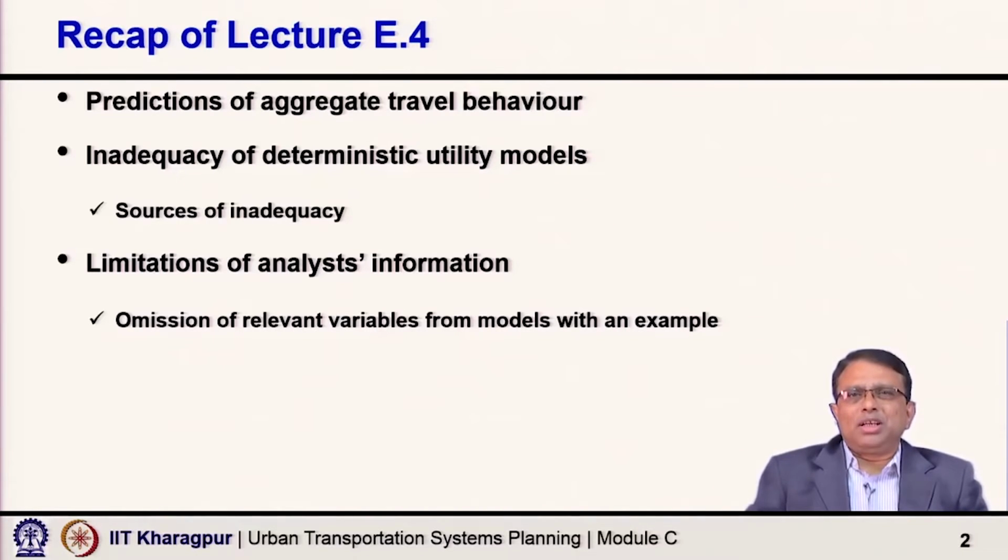We took two models, one omitting the relevant variable and the other including it, and showed how just because of omission the prediction may be very different or erroneous. So, we shall continue our discussion in this line regarding further limitations of analyst's information.